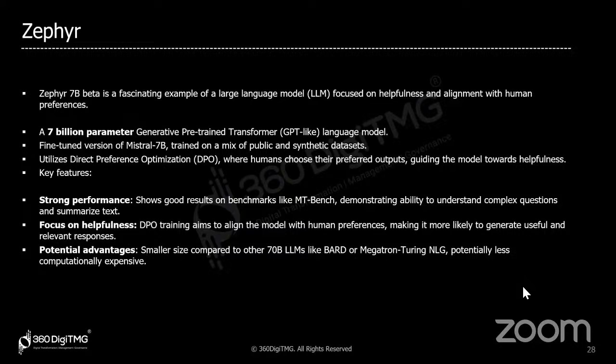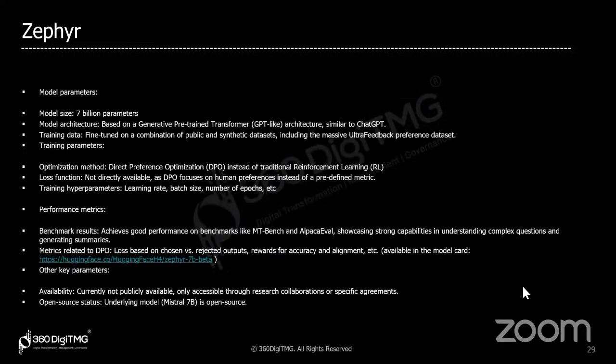Okay. Then there are some of the key features of it. It has strong performance. It has shown good results in the MT benchmark. Then it focuses on helpfulness. Then potential advantages. These are the model parameters. It is trained on 7 billion parameters.